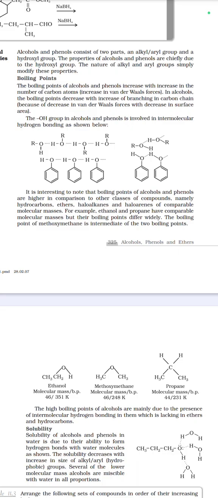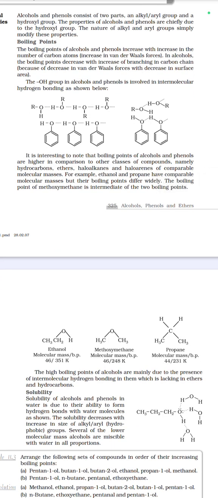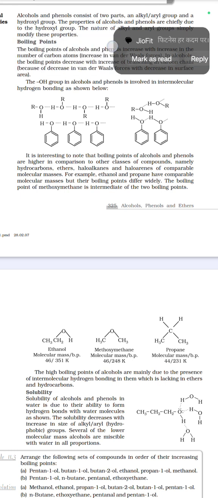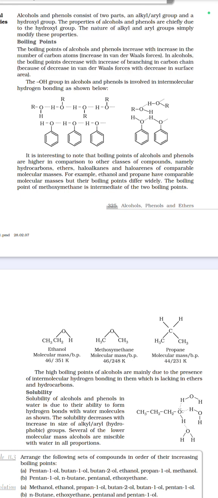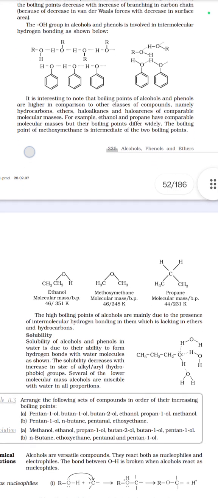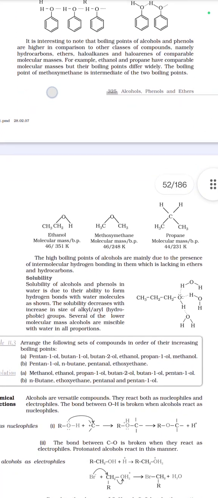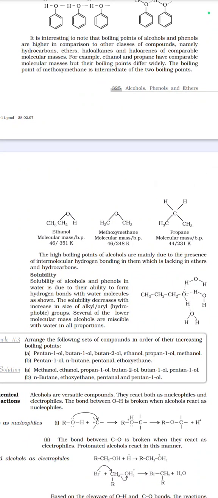The OH group in alcohol and phenol is involved in intermolecular hydrogen bonding as shown below. ROH, HOR, HOR, and so on. It is interesting to note that boiling points of alcohols and phenols are higher in comparison to the other classes of compounds, namely hydrocarbons, ethers, haloalkanes and haloarenes of comparable molecular masses.